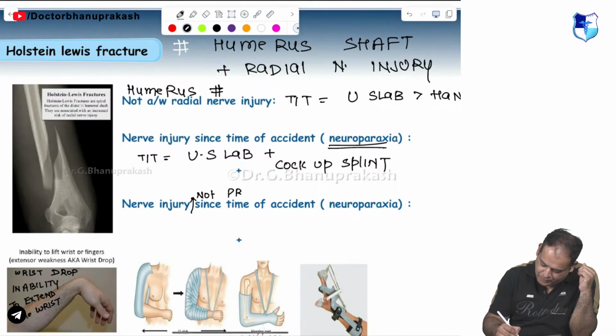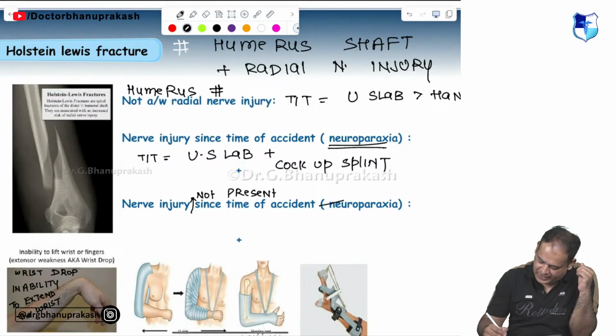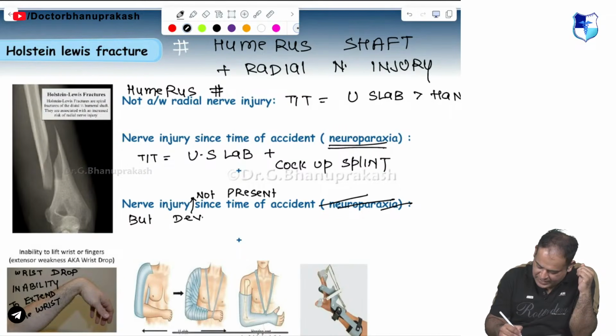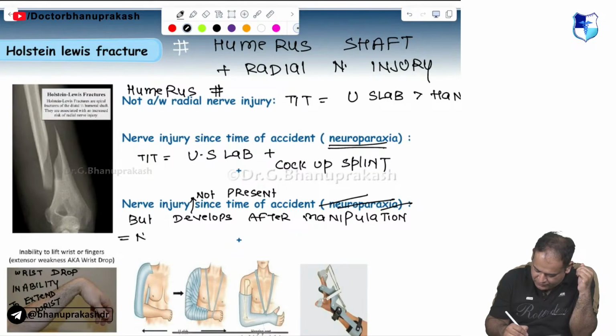Now, if nerve injury is not present since the time of accident but develops after manipulation, now the nerve injury is neurotmesis.